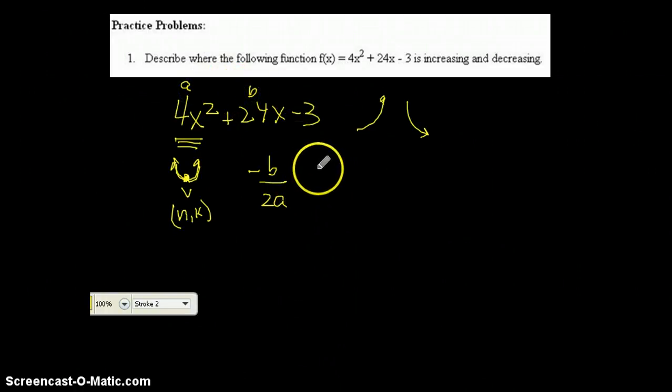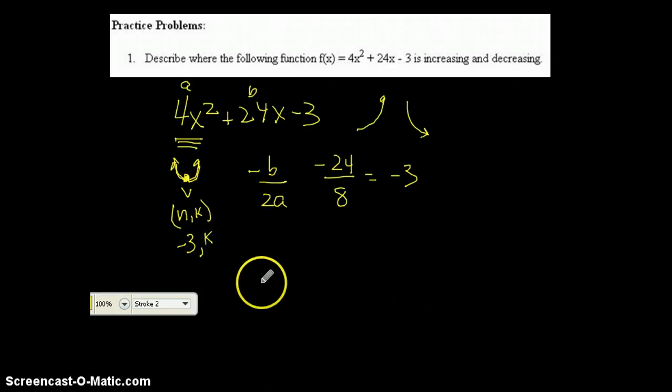So negative b over 2a, negative 24 over 2 times a, which is 8. Now, what is that value? That's going to be negative 3. So we know right there that that x value is negative 3. And we could plug it in here and find the y or the k, right?